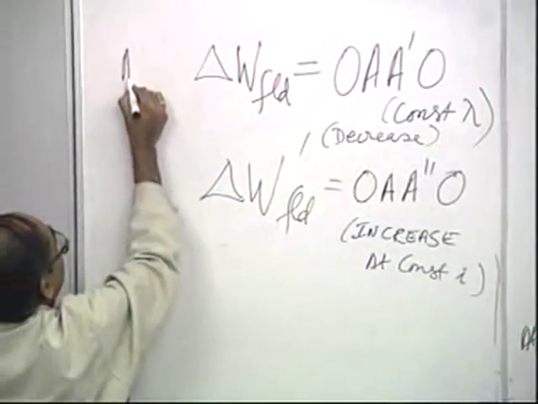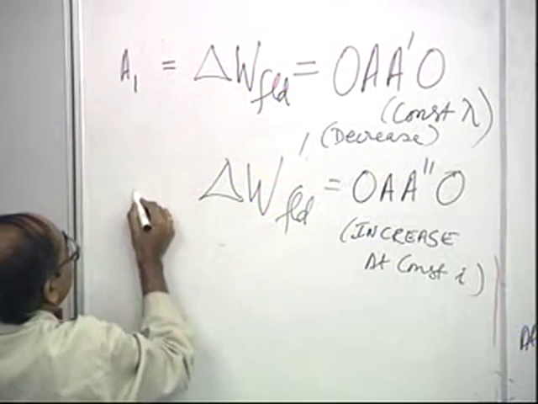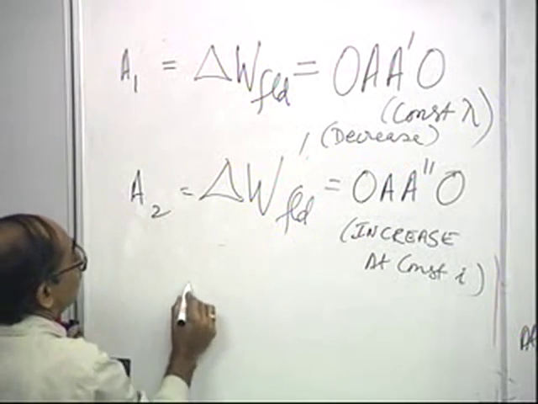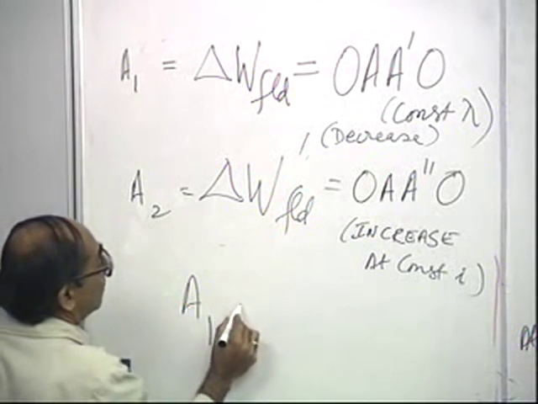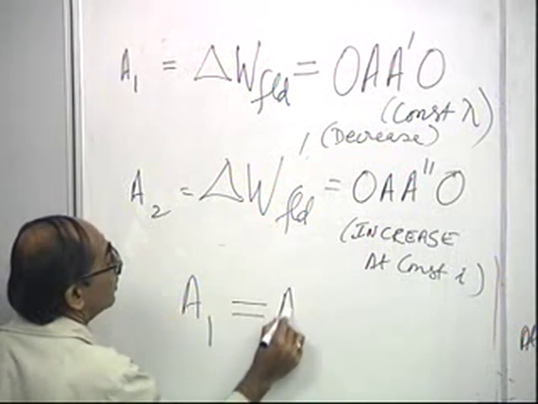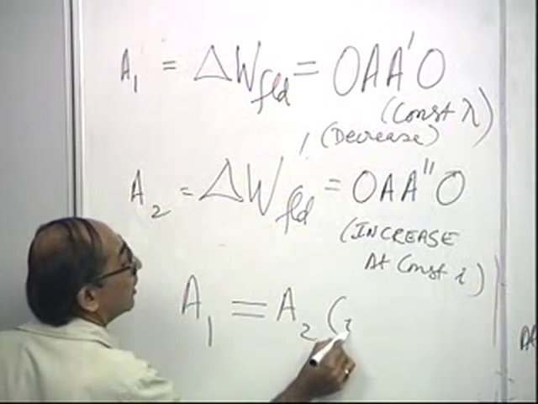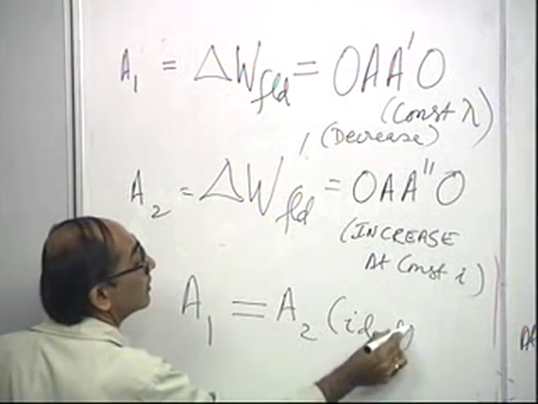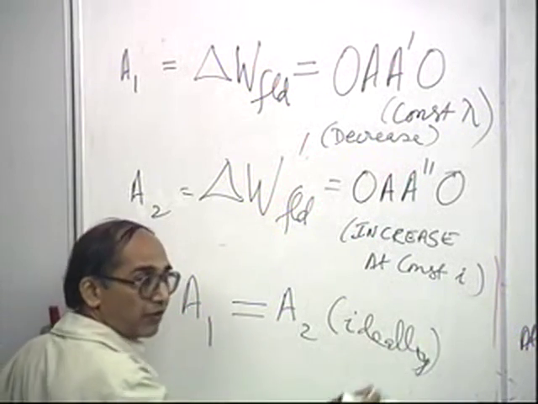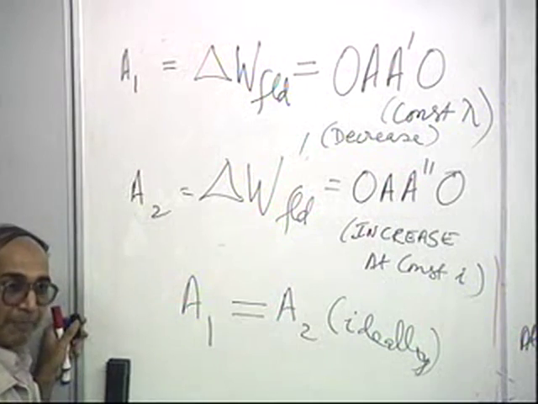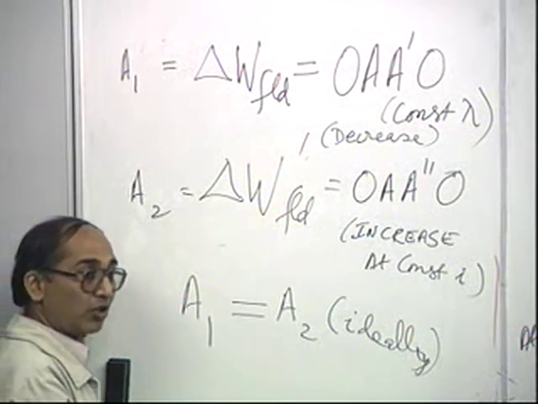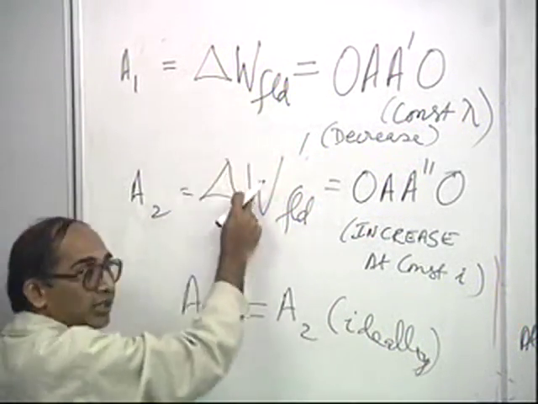So let us say this is A1, and this is A2. So A1 must be equal to A2, ideally. As per our definition they must be the same, because the force has to be the same. This is a differential.